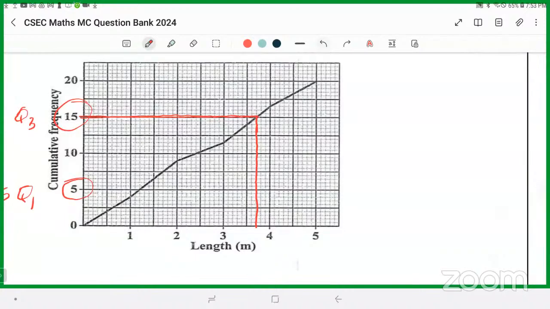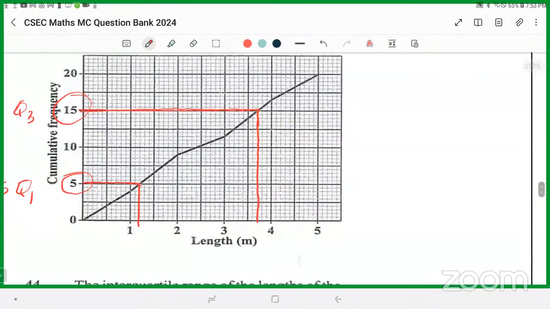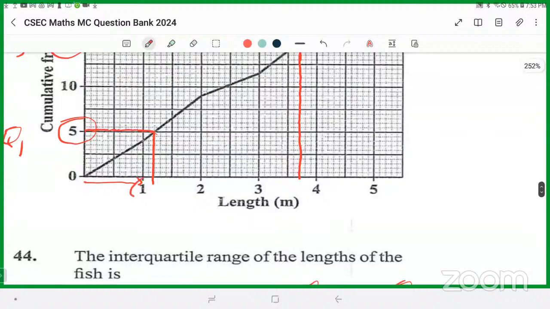I want to come across on the graph, and it meets it right here. This one looks easy because it's 10 small lines up to 1, so each line is 0.1. So this therefore is 1.2 clearly. That is Q1, 1.2.